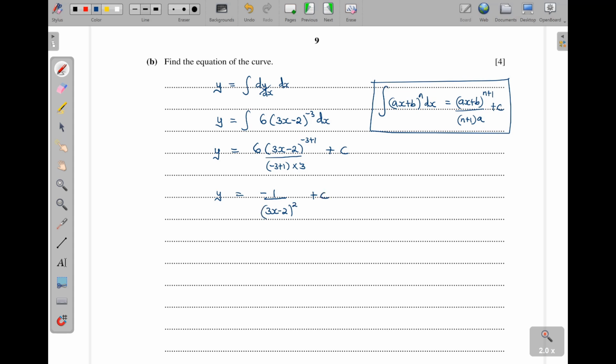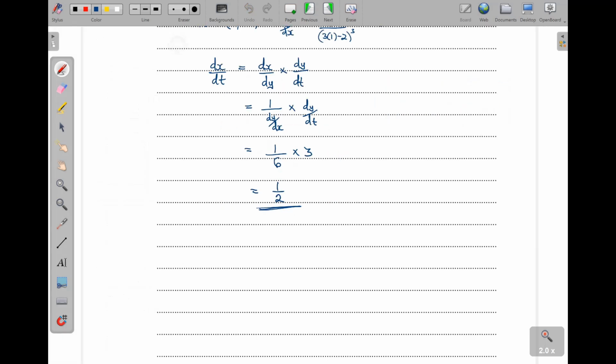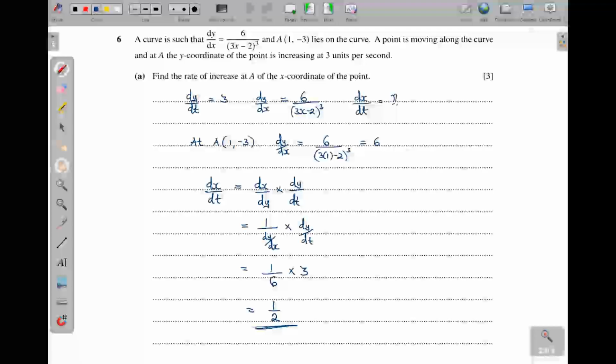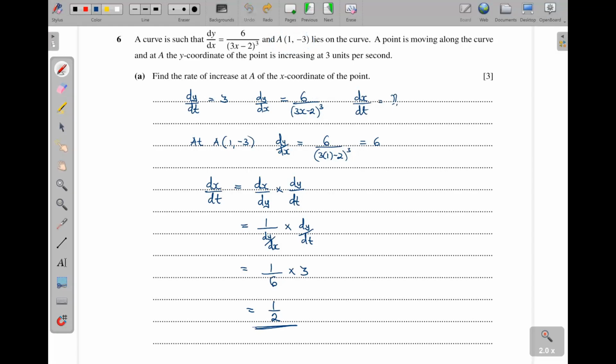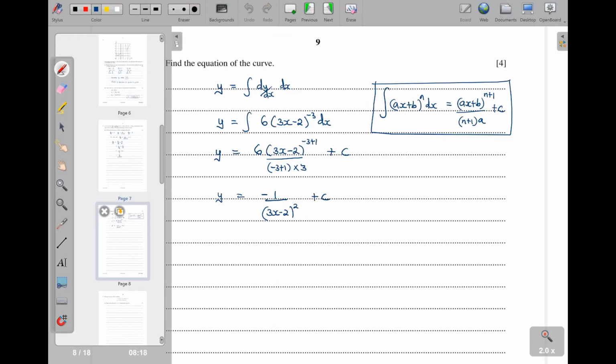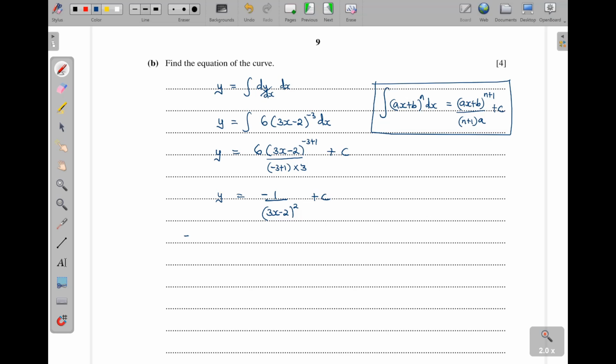Now, for us to get the value of c, we need to use a point that lies on the curve, and it was given here already. Point A is on the curve, so that is (1, negative 3). The y-coordinate is negative 3, and the x-coordinate is 1. 3 times 1 is 3, minus 2 is 1, squared is still 1.